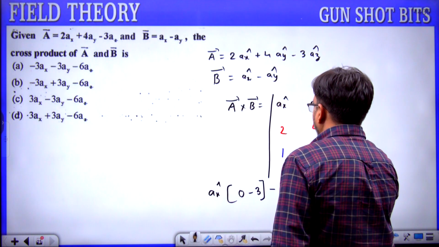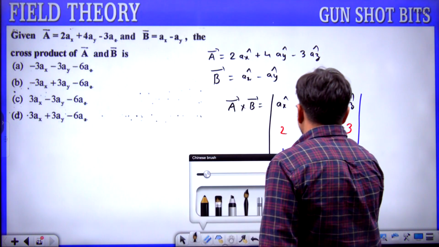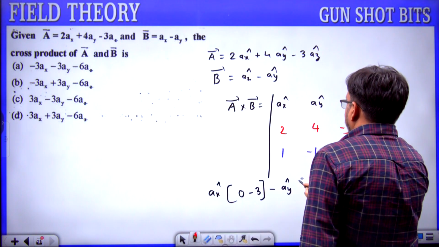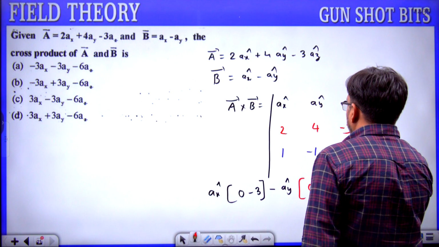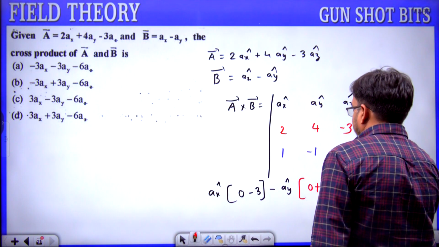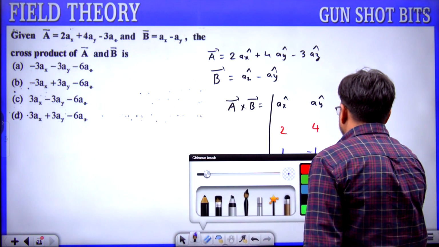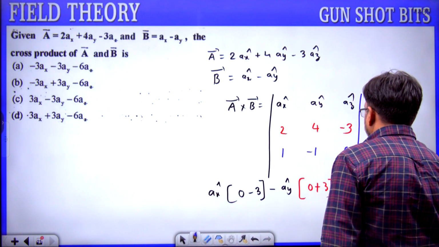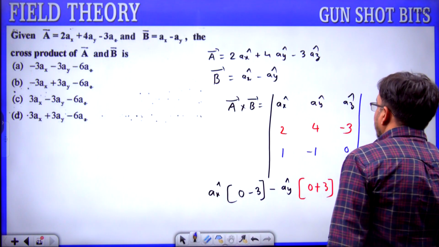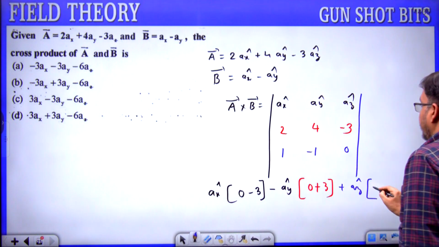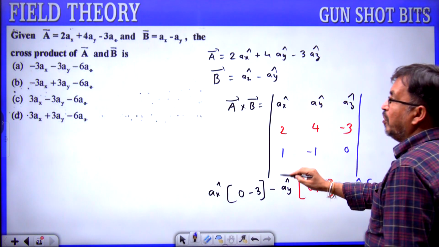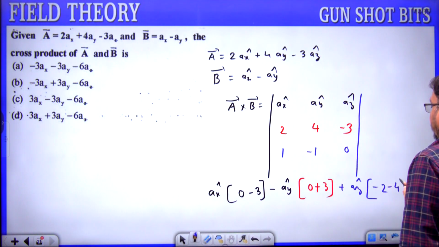Ax cap (4 into 0, 0, minus into minus plus 3), minus Ay cap (2 into 0, 0, minus into minus plus 3), plus Az cap (2 into minus 1, minus 2, minus 4, minus 4, 4 into 1).